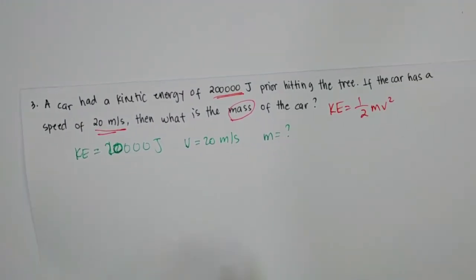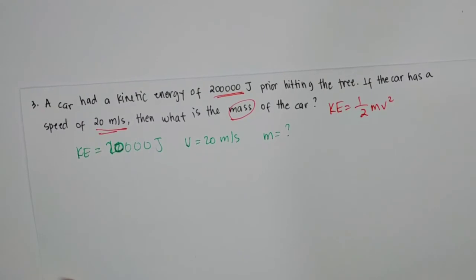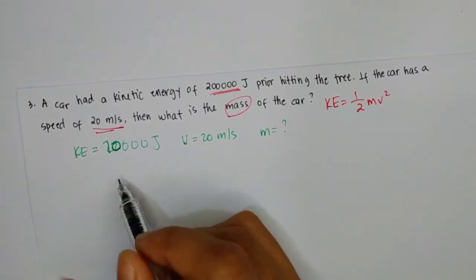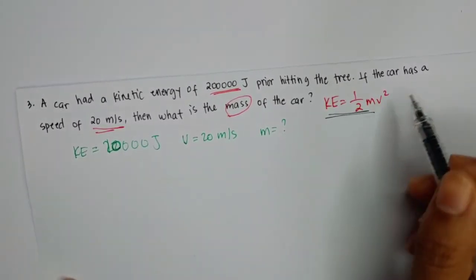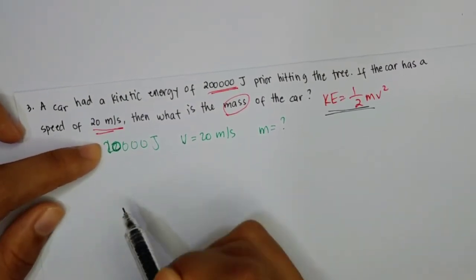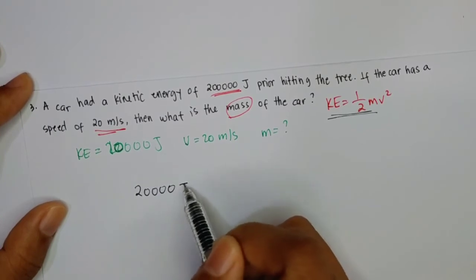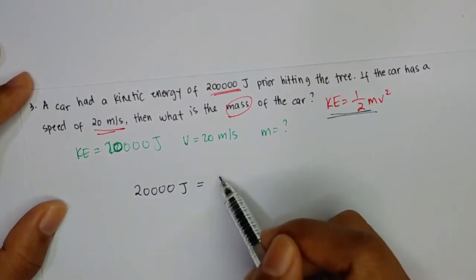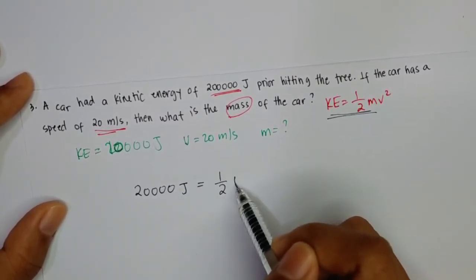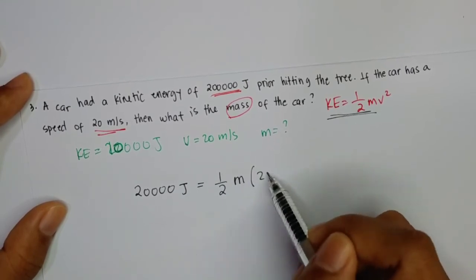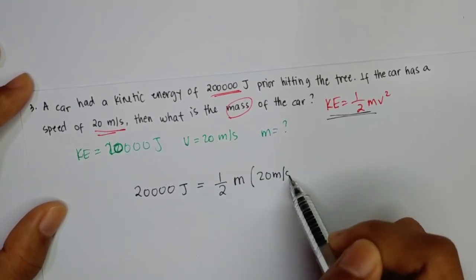Then substitute natin now sa formula. Substitute natin yung KE. So, that will be 20,000 joules is equal to 1/2, yung m natin is unknown, yung v natin is 20 meter per second.